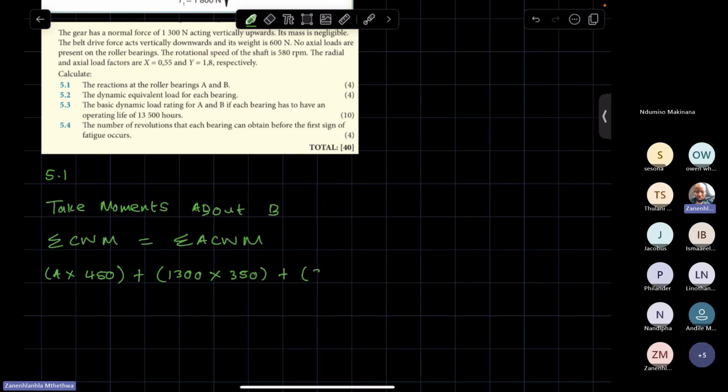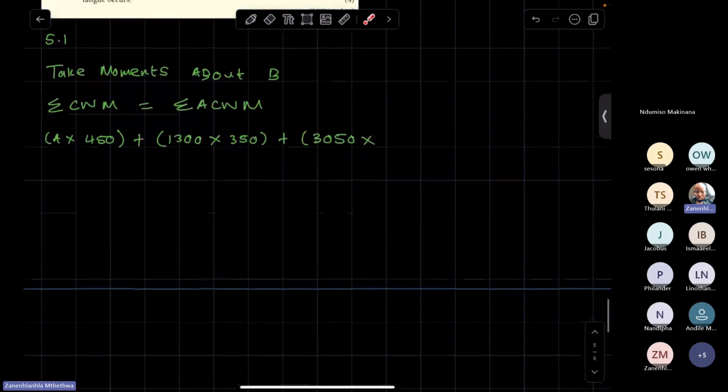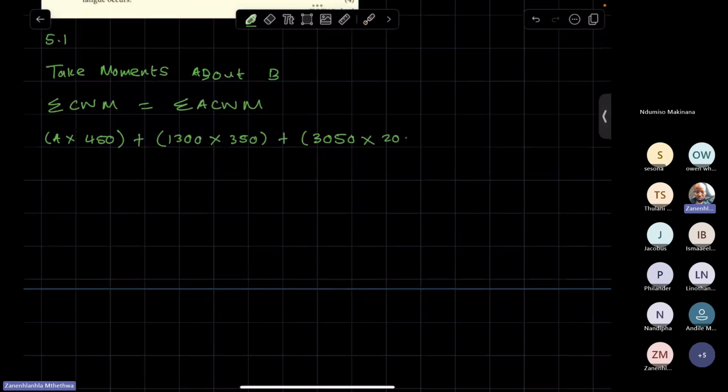And then we have the 3050 and the distance between the belt drive and B, which is 200. So you multiply this by 200. All of this is equal to 0.